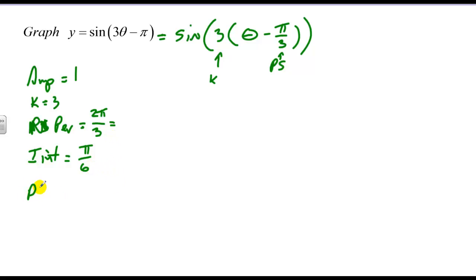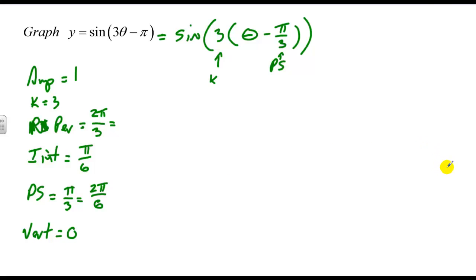My phase shift is equal to pi over 3. And since my intervals are in 6, I'll change my phase shift to 6. So that goes to 2 pi over 6. My vertical doesn't exist.